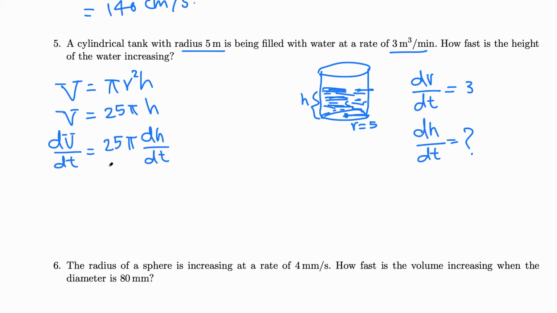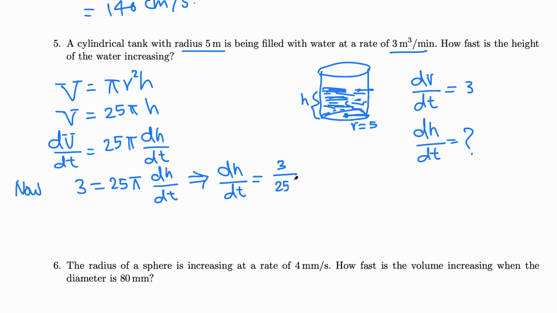Let's plug in the given and find the unknown. dV over dt is given 3, equals 25 pi, and dH over dt is what we are looking for. Now we want to isolate this, so we need to divide both sides by 25 pi, so that implies dH over dt equals 3 over 25 pi, and that's it.